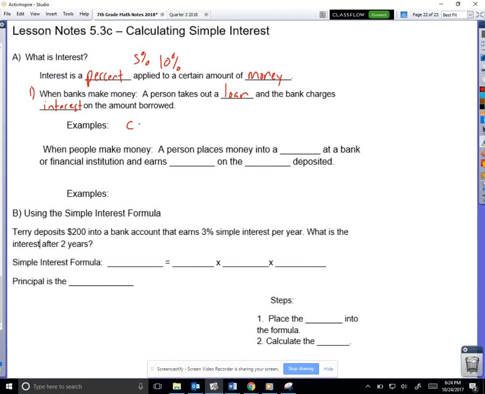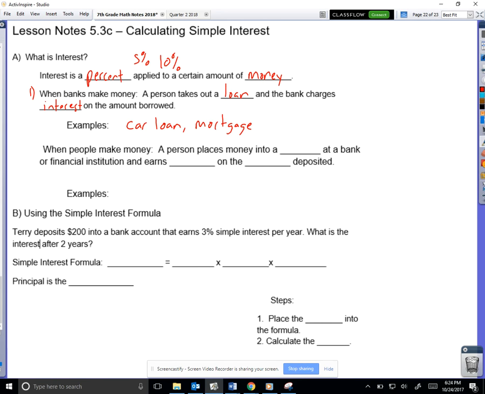An example is a car loan. If you buy a house, there's a mortgage, which is just money borrowed to buy that house. So a certain percent of that money you borrow gets paid back to the bank, and that's how banks make their money in some of those situations.